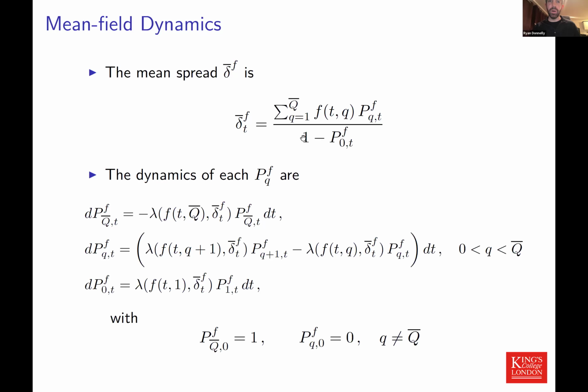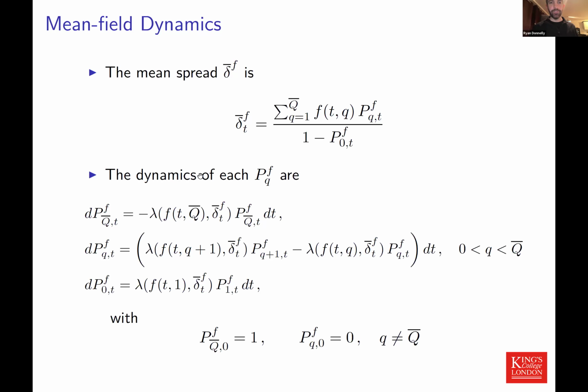Now, we divide by this quantity here to normalize, because agents that have liquidated their position completely are no longer in the game. They've exited the market. So this quantity, P sub 0, is the mass of agents that are no longer quoting in the market. So we have to subtract those in order to get a proper mean price.